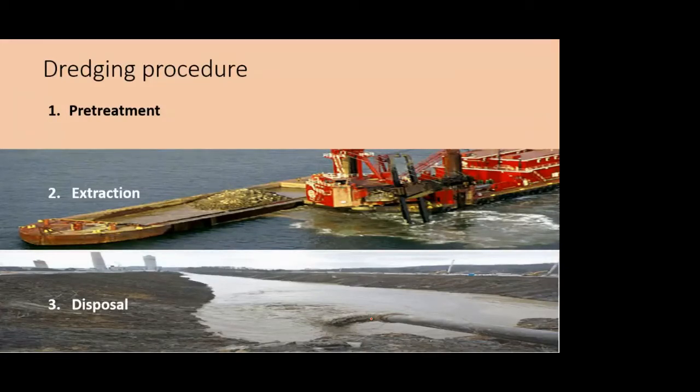Either you drain off the water into the water body itself, and then separate out the solids and dump them. So these are the 3 main steps of your dredging process: pre-treatment, extraction, and disposal. Now we will see each one in a bit more detail.